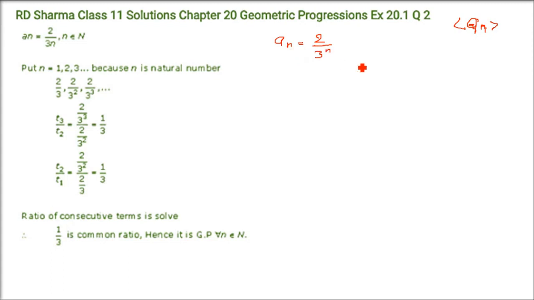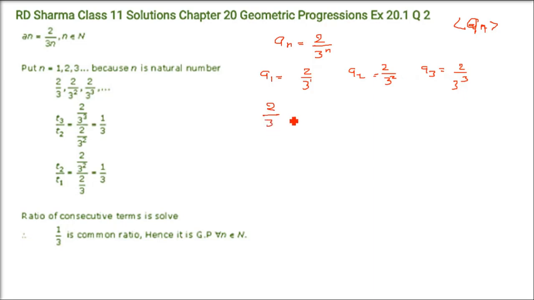So let us find the numbers first. Just put n equals 1, n equals 2 like this. When you put n equals 1, it becomes 2 by 3. A2 shall be 2 by 3 to the power 2. A3 shall be 2 by 3 to the power 3.